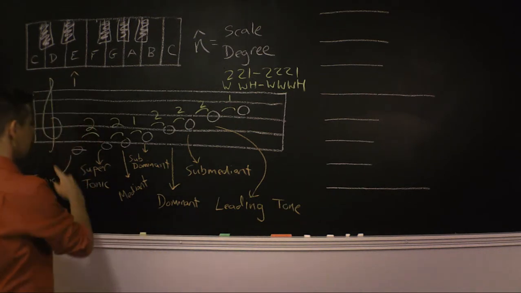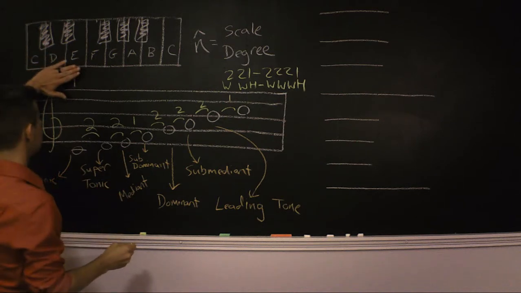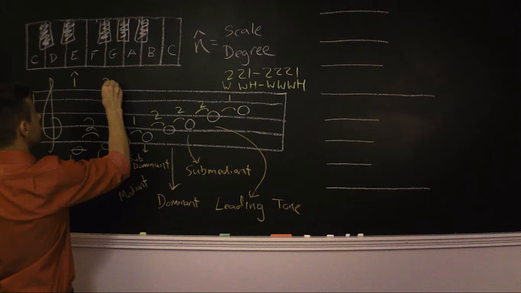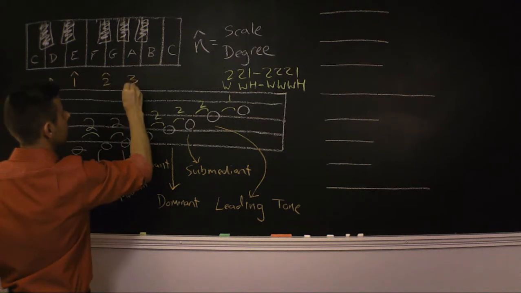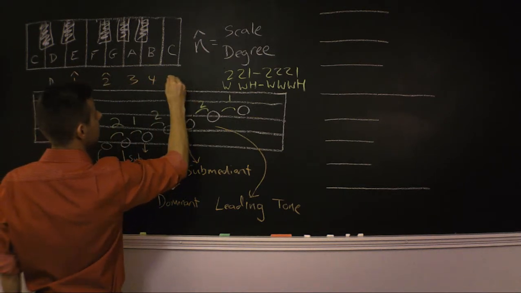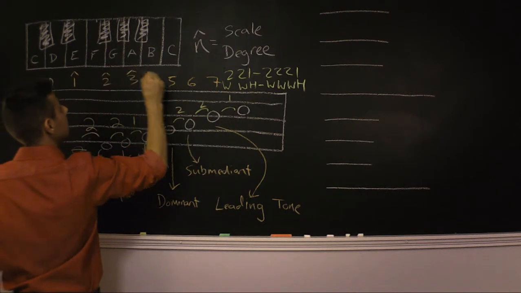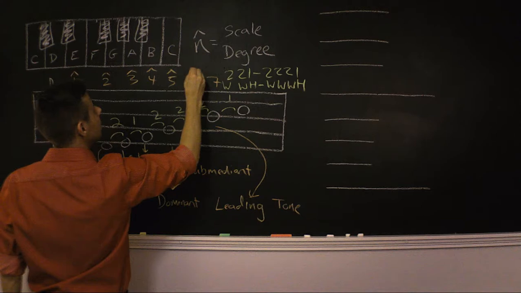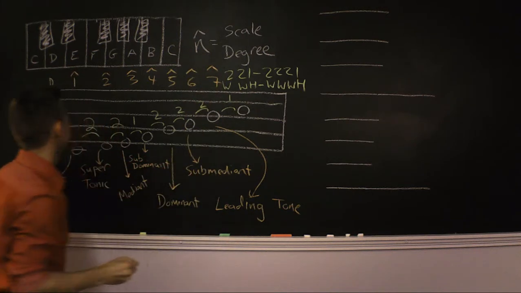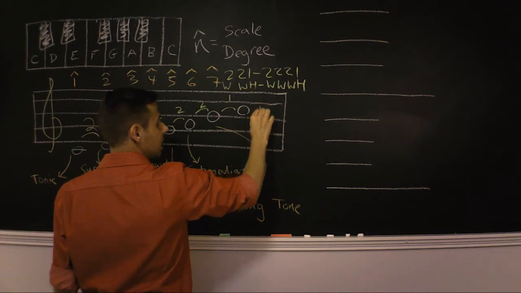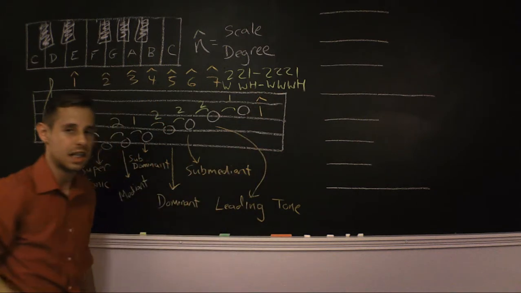It's a convention. If you don't put it there, it's not the end of the world, but people might not know you're talking about scale degree. 2, 3, 4, 5, 6, 7, and no, I didn't forget my own rule. Scale degrees 1 through 7. And if you didn't know this, this would be once again considered scale degree 1.